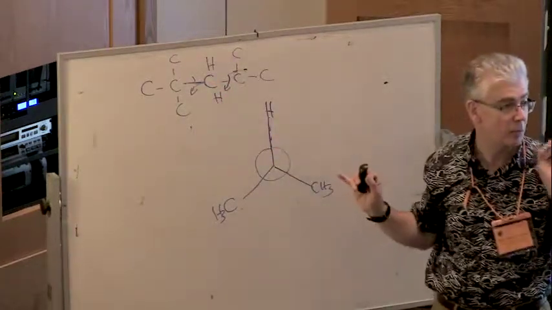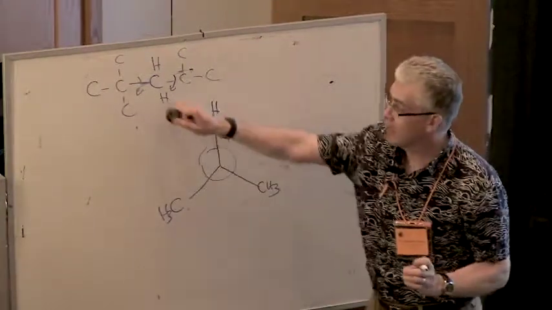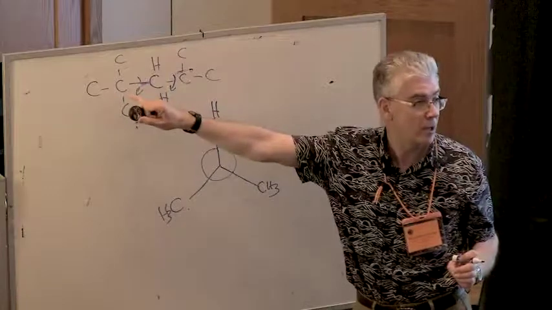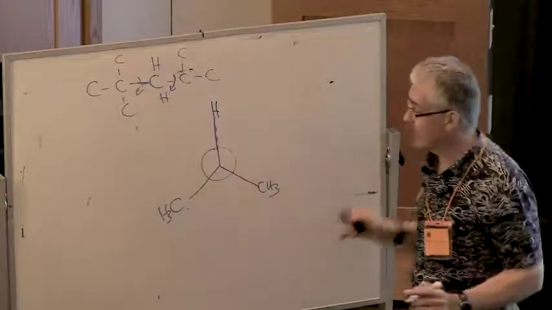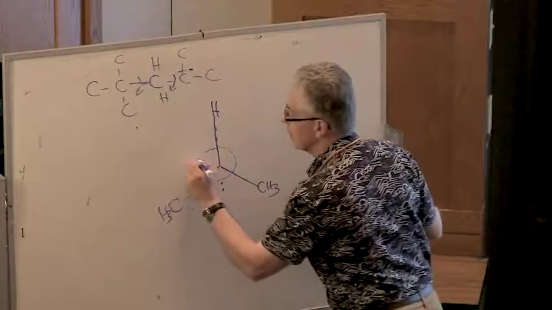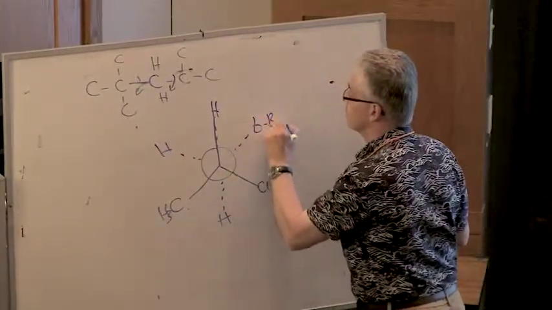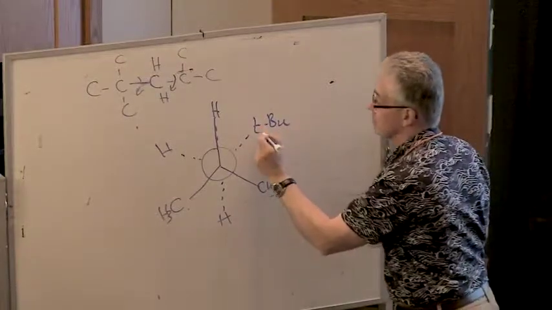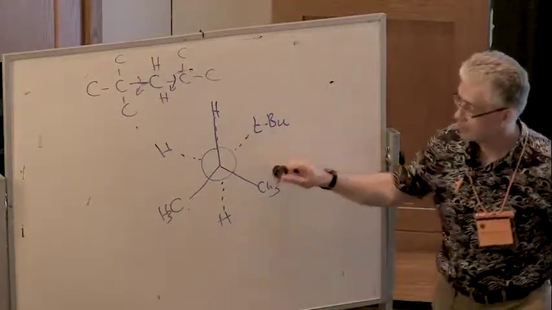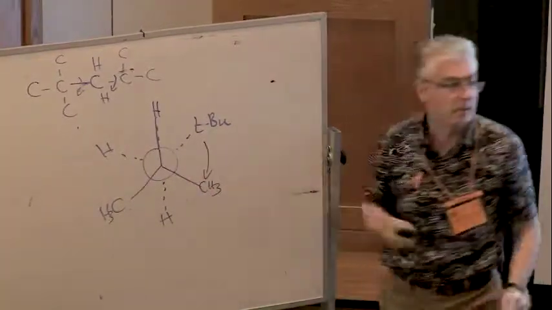We can't see it. We're looking down that bond. Okay? And then that carbon is bonded to 2 hydrogens and a terbutyl. Okay? So now we can put a hydrogen here, and a terbutyl here. Okay? Terbutyl. So now the terbutyl only has 1 Gauss interaction.